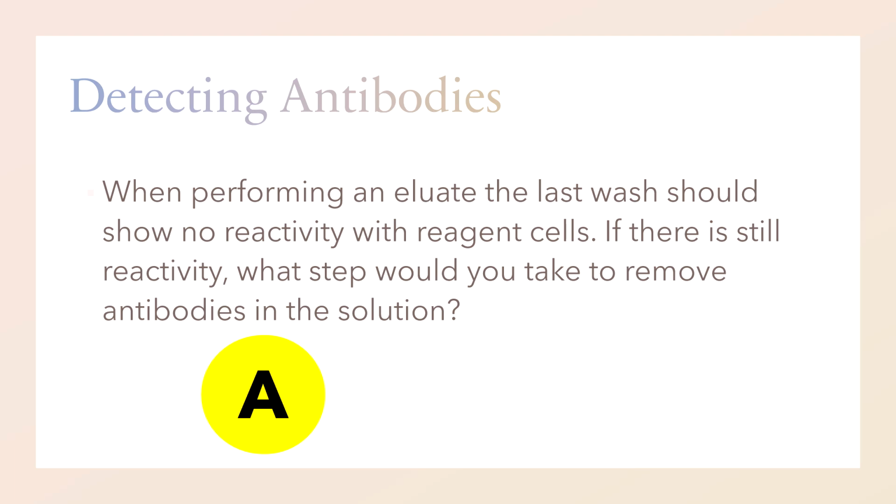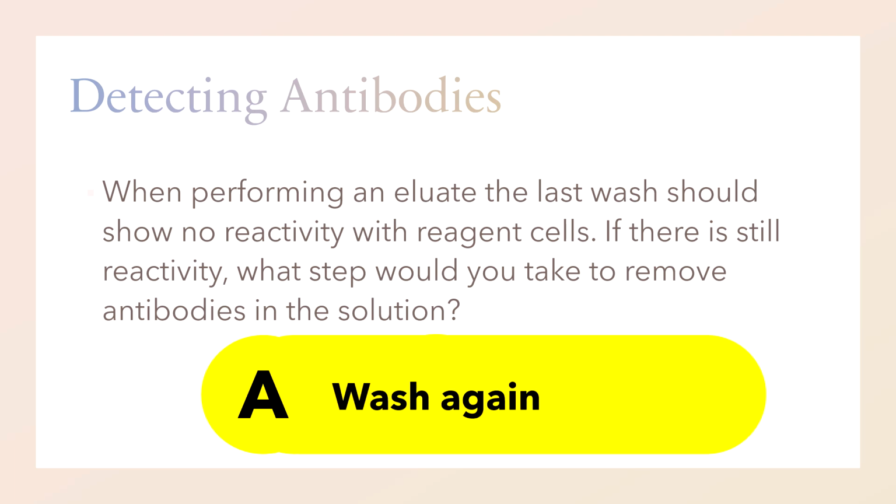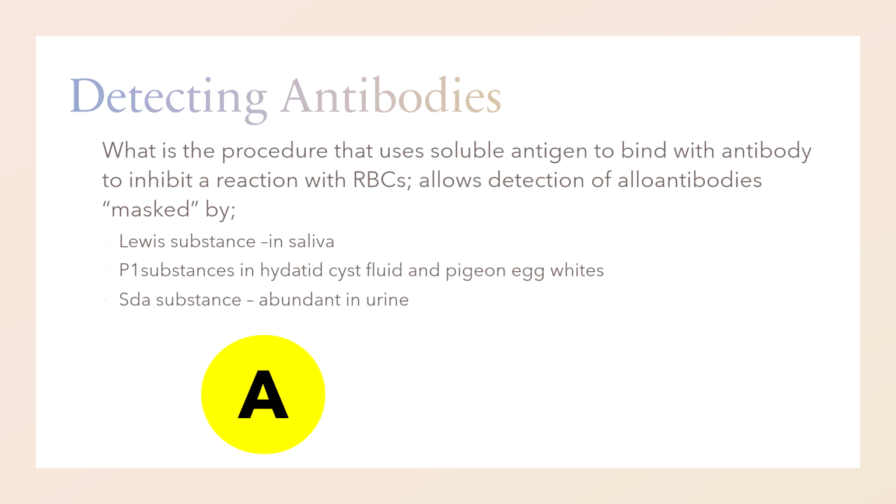Performing an eluate, the last wash should show no reactivity with reagent cells. If there is still reactivity, what step would you take to remove antibodies in the solution? You would wash again. What is the procedure that uses soluble antigen to bind with antibody to inhibit a reaction with red blood cells?